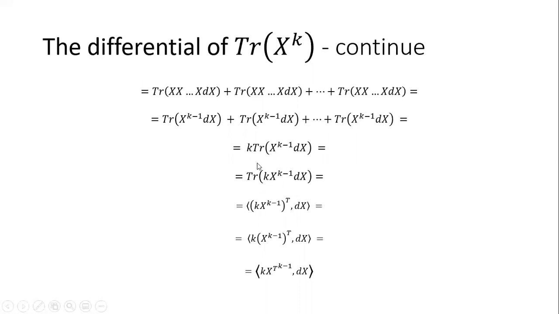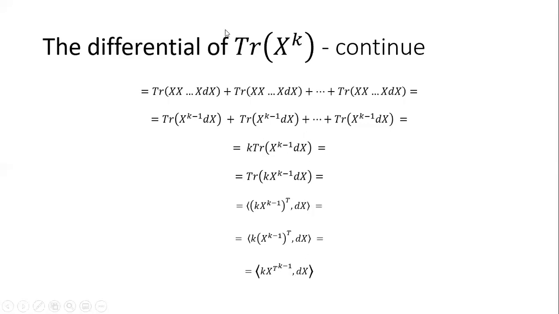So we can write it as the inner product of k times x to the power of k minus 1, transposed, with the differential of x. Now, k is a scalar and x to the k minus 1 is a matrix. But we know that x to the power of k minus 1 transposed is the same as x transposed to the power of k minus 1.